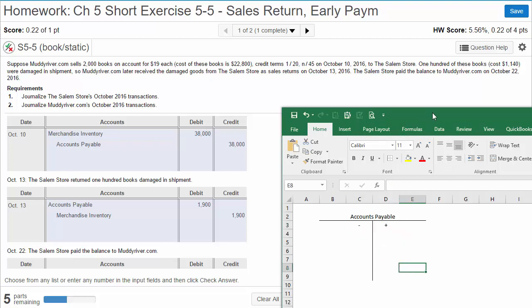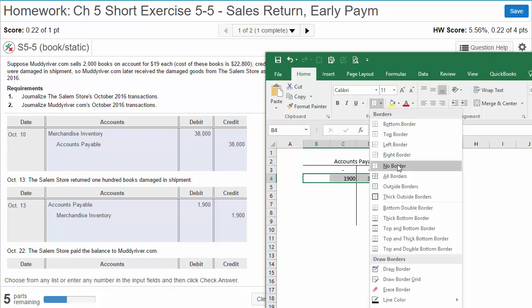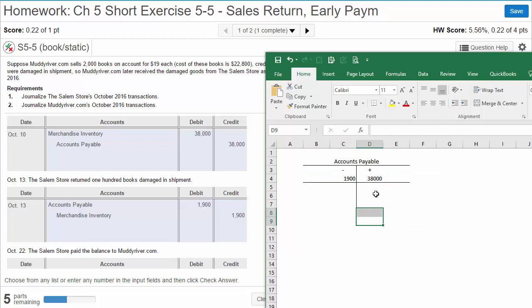So what I'm going to do is I'm going to post to my T account. So we had AP $38,000. And then, so that came from right here, 38,000. And then we lowered it by $1,900. So now we need to calculate our balance. And our balance, if you wanted to do a formula, is this minus this.